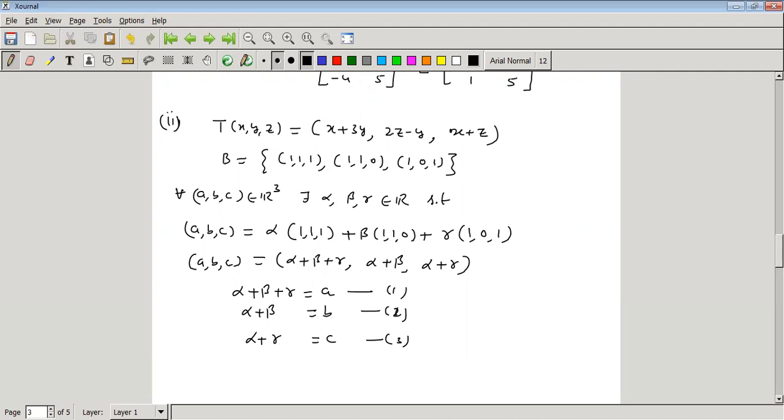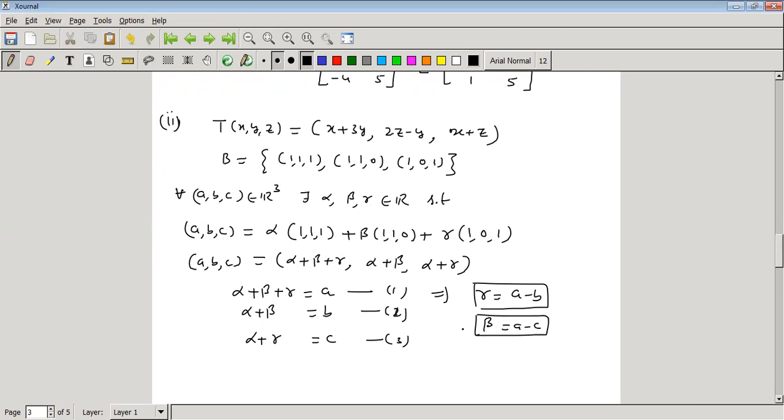If we put alpha plus beta equal to b, we get gamma equal to a minus b. And if we put alpha plus gamma equal to c in equation 1, then we get beta equal to a minus c.